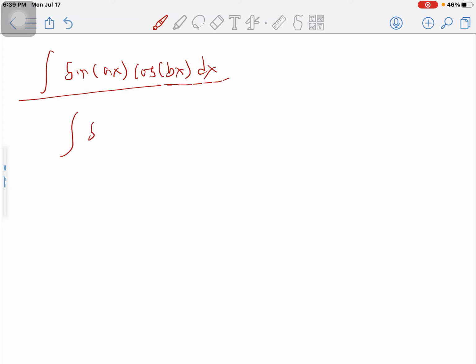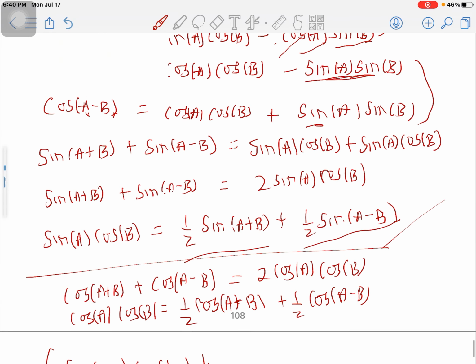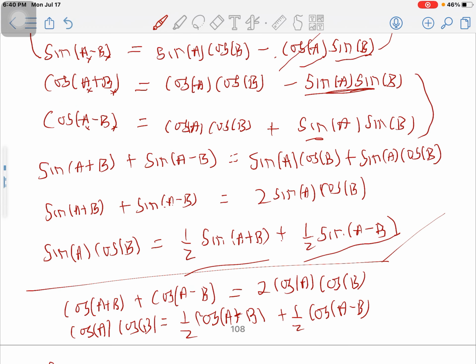So let's consider an actual example: let's evaluate sine of 5x times cos of 3x dx. As you can see here, the AX is our 5x and the BX is our 3x, which are different angles. So in this case, we need to apply one of the identities.